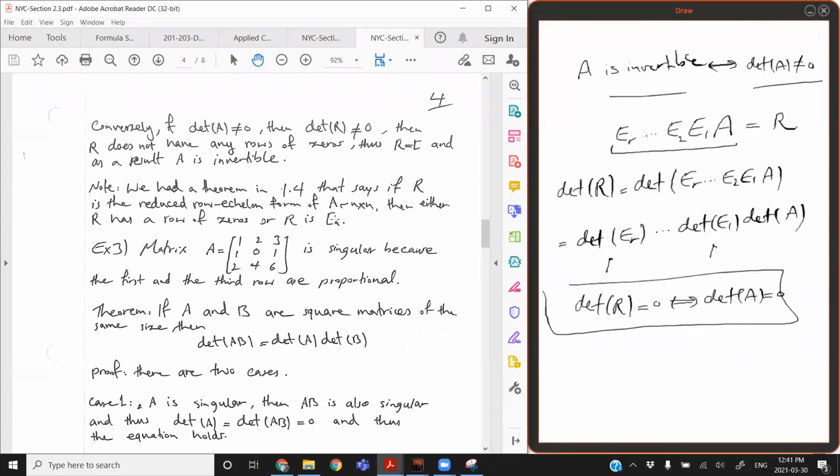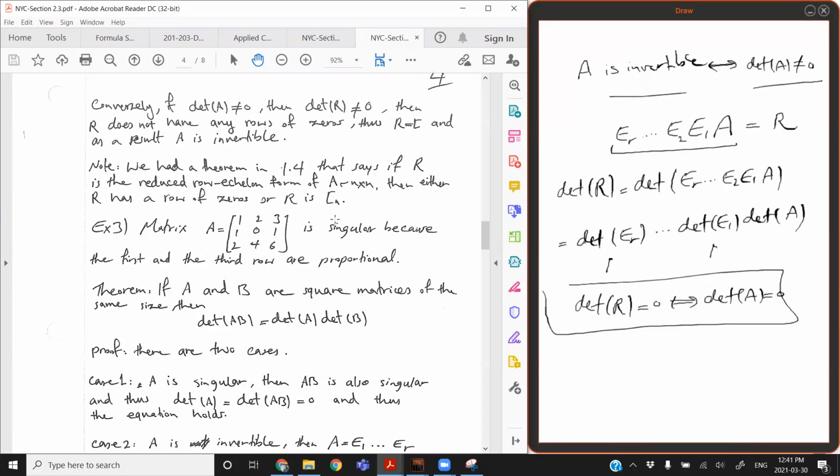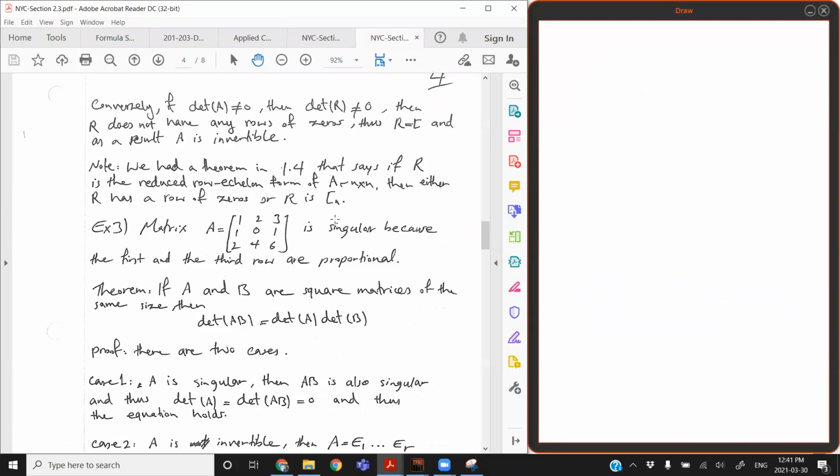That means every row has a leading one. And you cannot have more than one leading one per row. You cannot have more than one leading one per column. Then automatically it has to be I, the identity matrix. Okay.